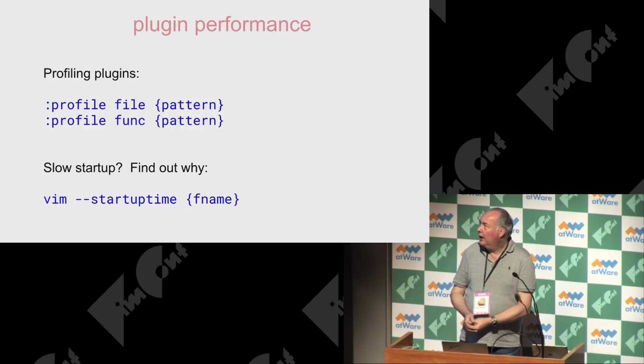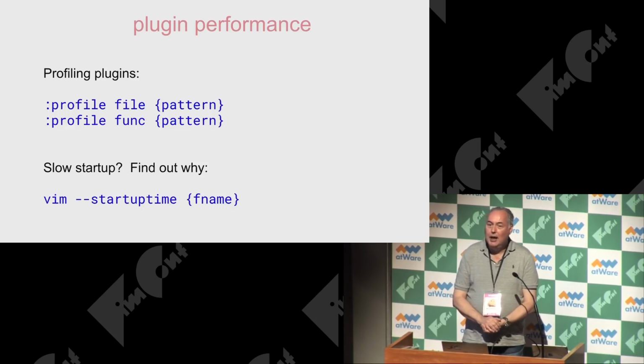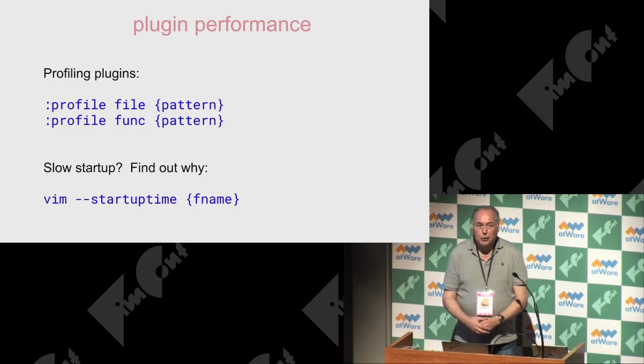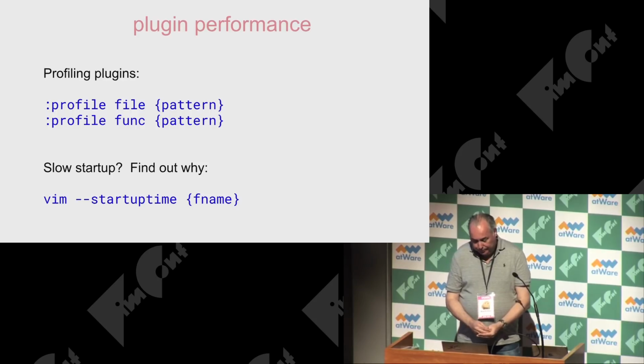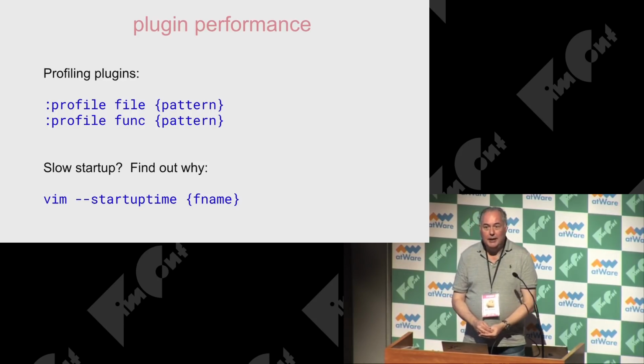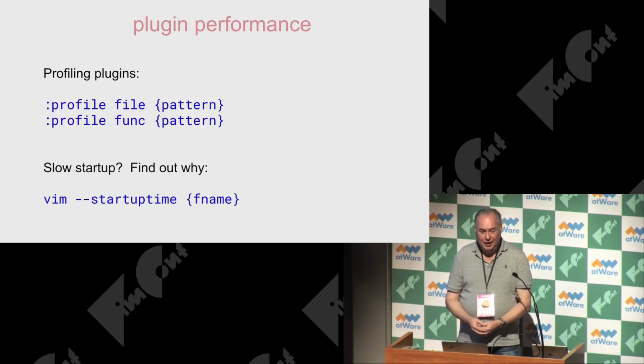So these are very useful things for plugin writers. Another thing is if you start Vim and it takes seconds, then there must be something that's wasting time. So the startuptime command line flag is very useful to see exactly where the time is spent. I'm sure I've used it many times and found some plugin that I didn't even use was taking too long in startup.